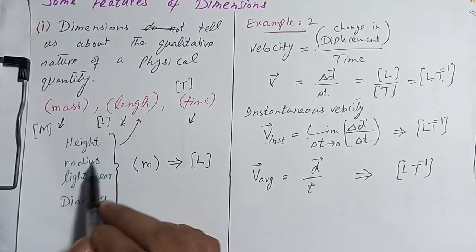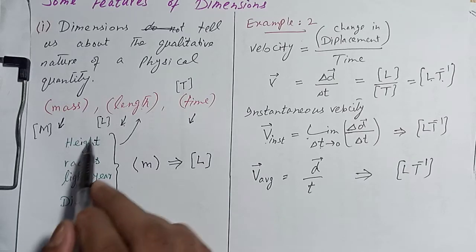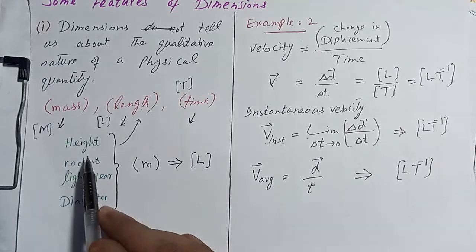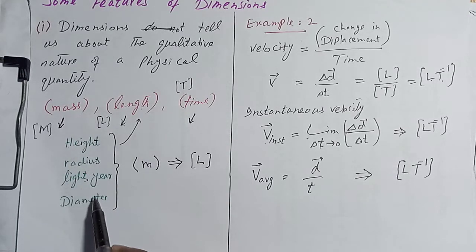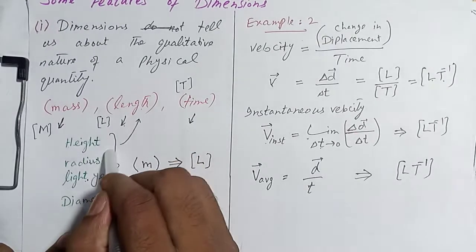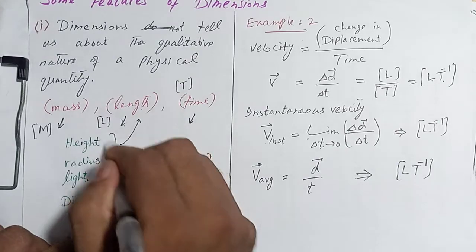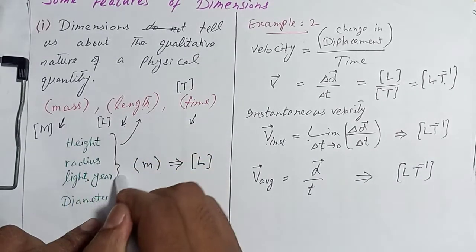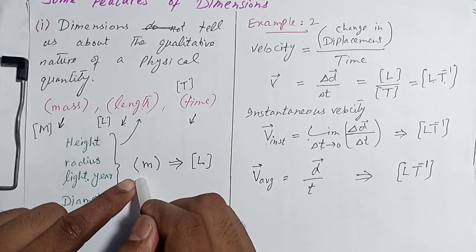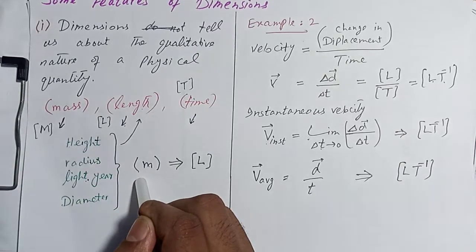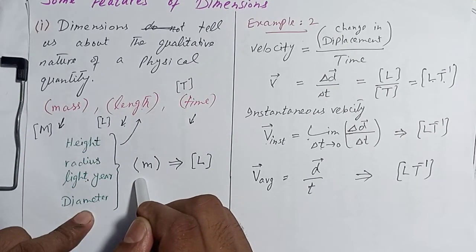These quantities have different names. We consider height a different quantity, radius, light year, diameter. By name these have different sense, but basically all these terms have same nature. That is, they represent length.